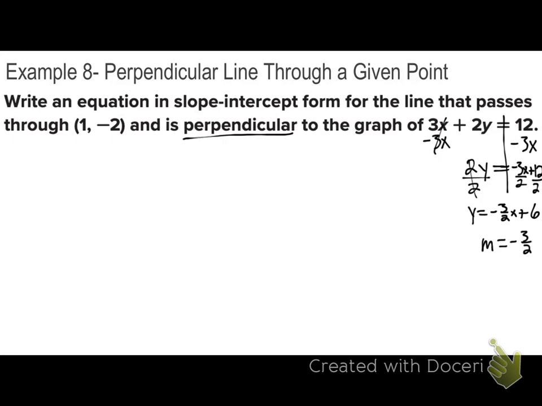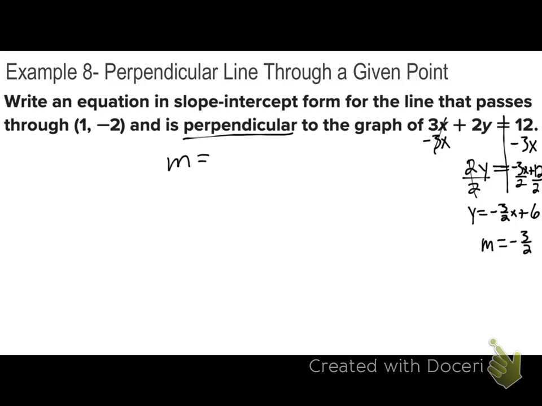How does that help me? When it's perpendicular, the slope is the opposite reciprocal. Very good. We're dealing with perpendicular lines. I want my line to be perpendicular to this line that I'm given. This line has a slope of negative 3 over 2, so the slope of my line needs to be the opposite reciprocal of negative 3 over 2.